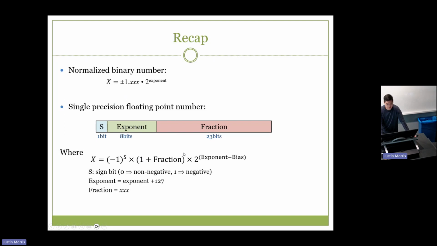The key thing to remember is the first bit to the left of the decimal point is always an implied 1. And you have to also add in the bias to the exponent. Those are the 2 key things that are often just forgotten. That is floating point representation.